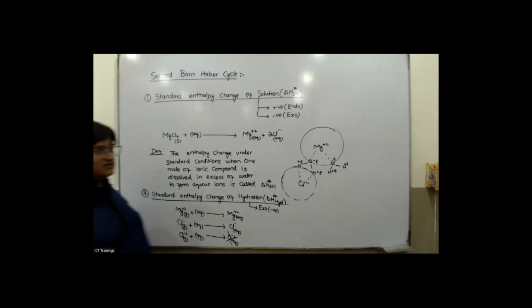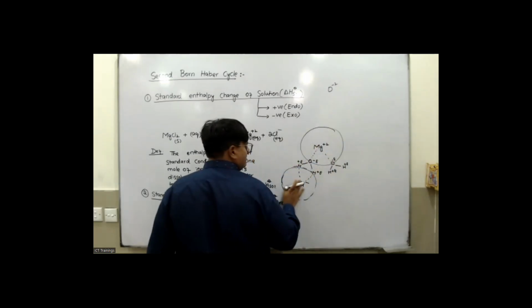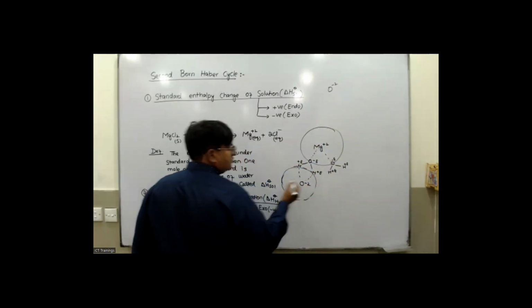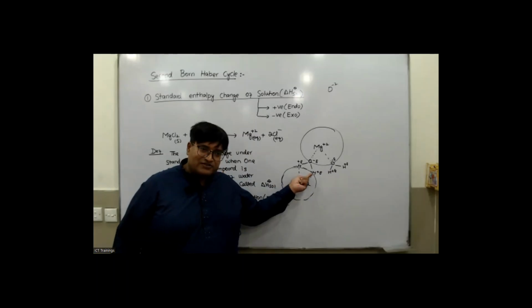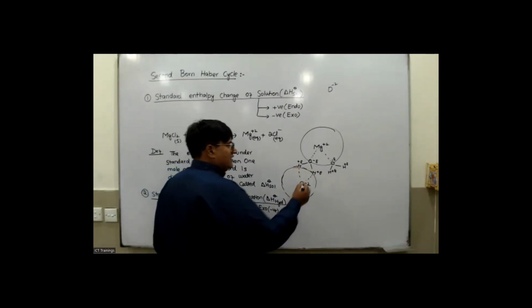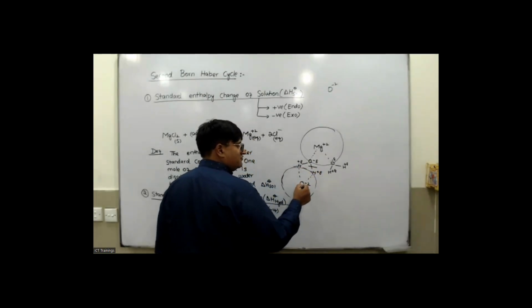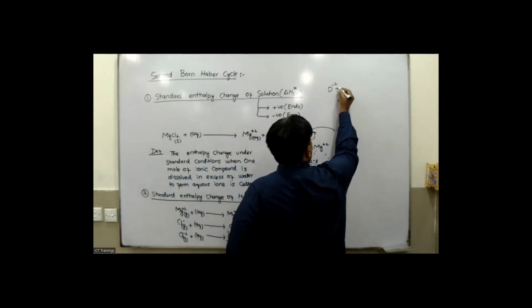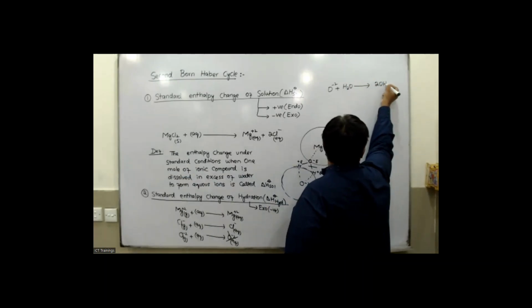What is the reason behind it? The reason is that this O minus 2 has a high charge density. So what does it do? It is going to attract the hydrogen of the water towards itself so much that it is going to break one of the water molecules and join this hydrogen with it. Okay, so if you take the O minus 2, it would actually react with water to form 2OH negative.